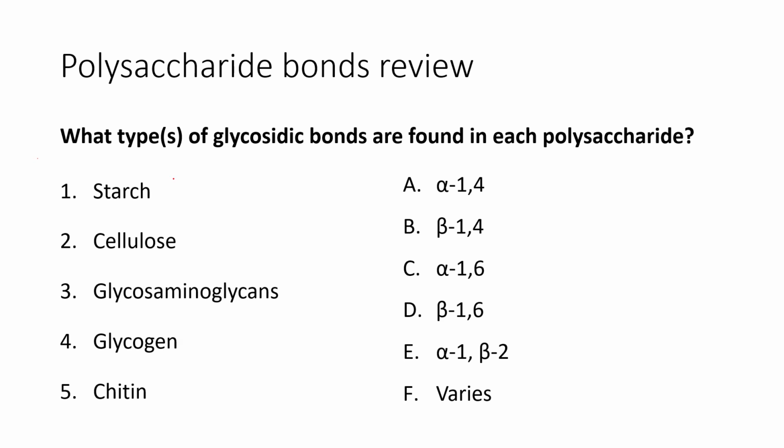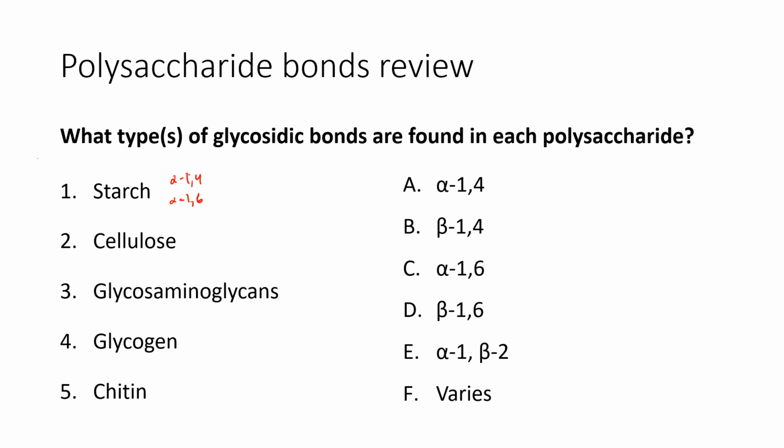So we have some alpha 1,4 and some alpha 1,6. So why does starch have 2 different types of bonds? Are they doing different things in the starch? One is for the branched form and one is for the linear form.